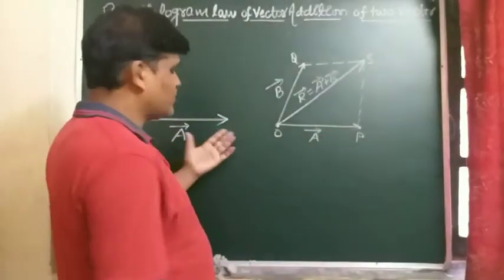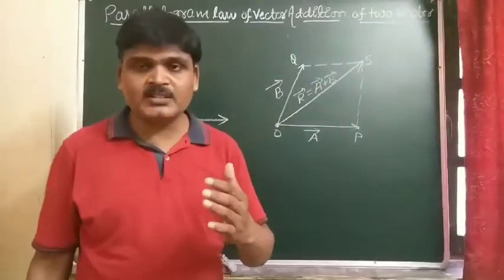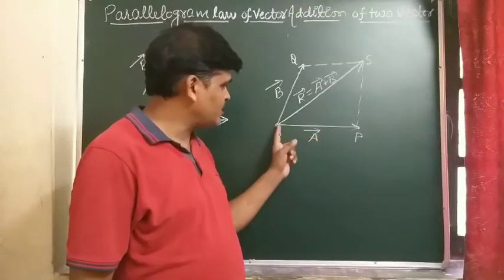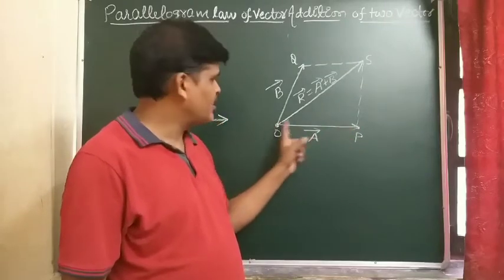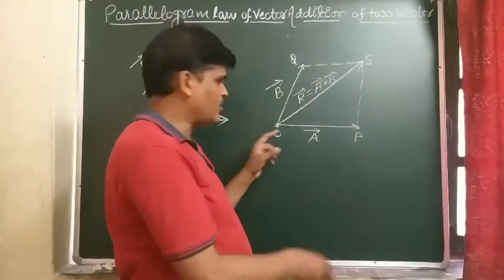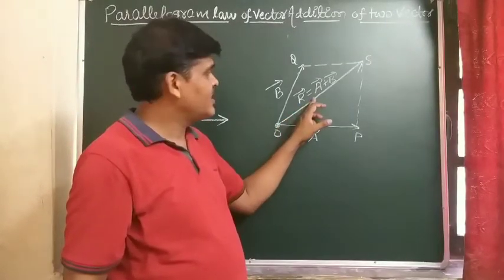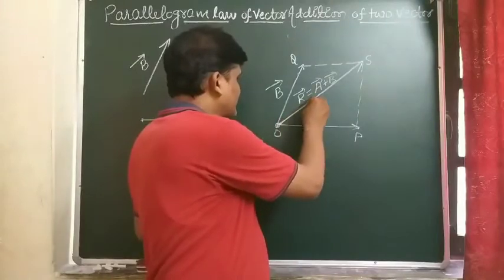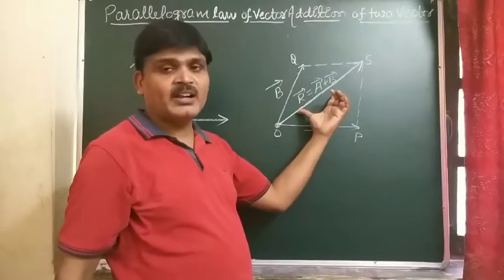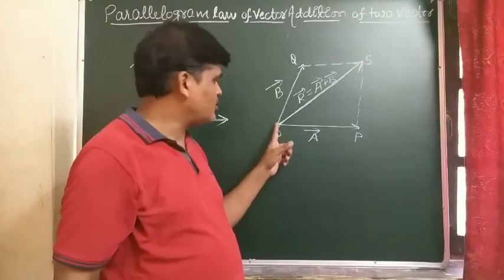In general, according to this law, if two vectors, vector A and vector B, can be represented both in magnitude and direction by the two adjacent sides of a parallelogram drawn from a common point, then their resultant is represented both in magnitude and direction by the diagonal of the parallelogram drawn from the same point, that is, the common point.